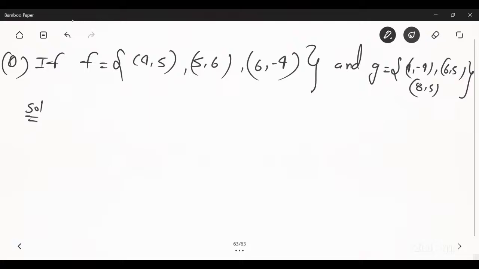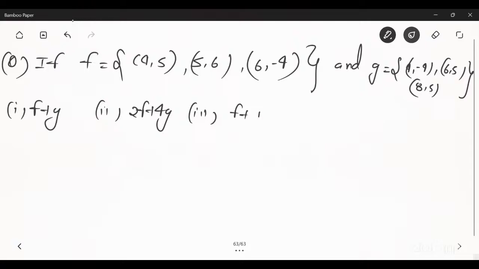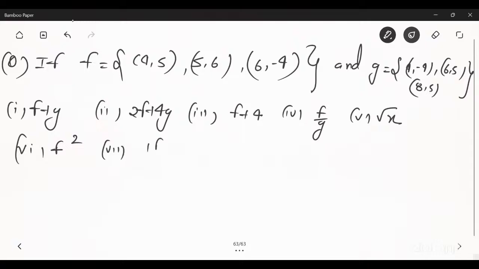So we have to find first f plus g. Second is 2f plus 4g. Third is f plus 4. Fourth is f upon g. Fifth is under root f. Sixth is f square. And seventh will be mod f.